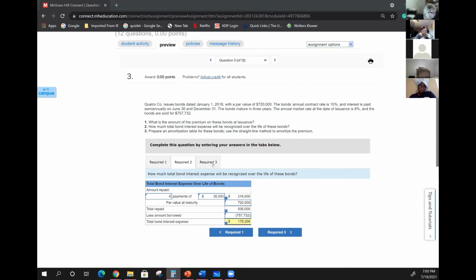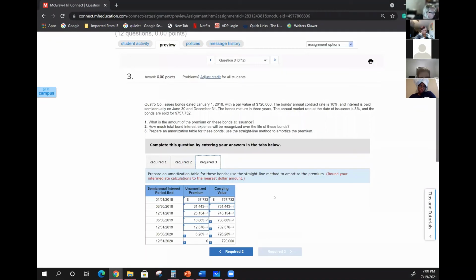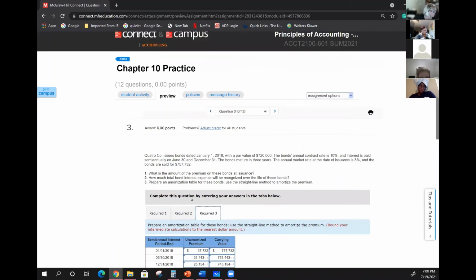All right. So part 3 says prepare the amortization table. Hopefully I have an example that goes through the journal entries. All right, so here's my 37,732 that was calculated for my unamortized premium. And I want to reduce that as I go, and I'm just doing straight line.